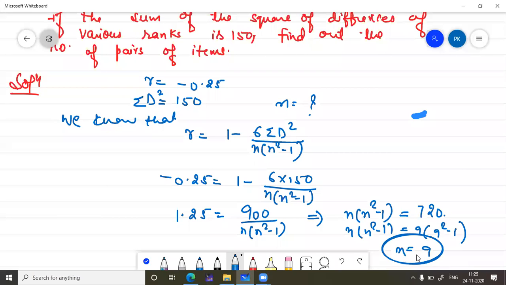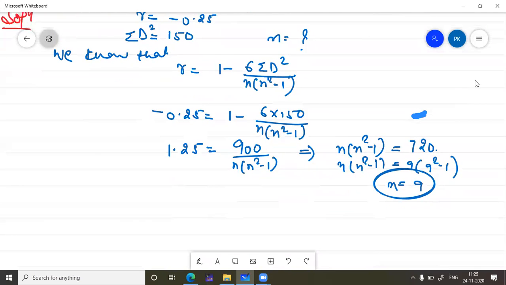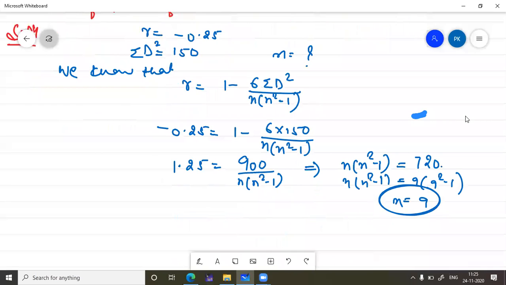It must be a positive integer. Okay, is this clear?